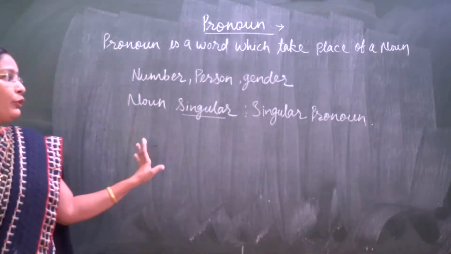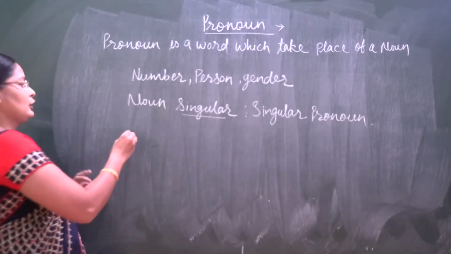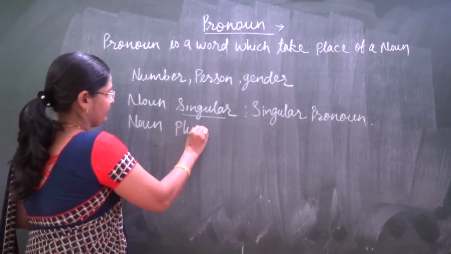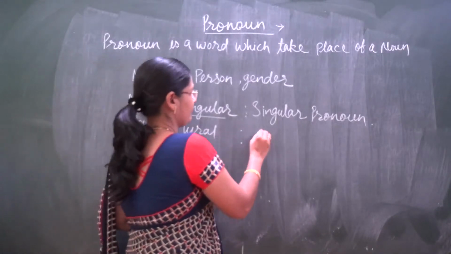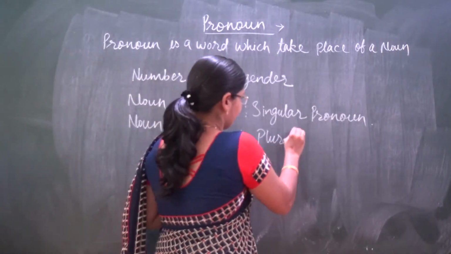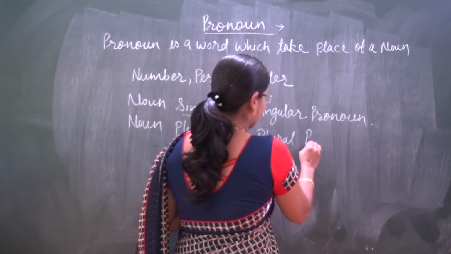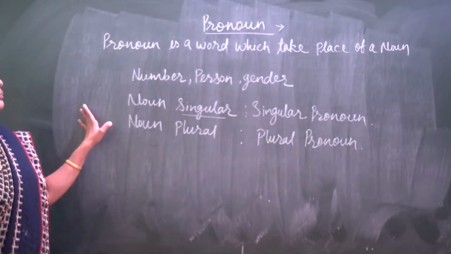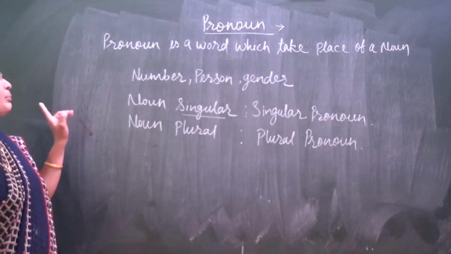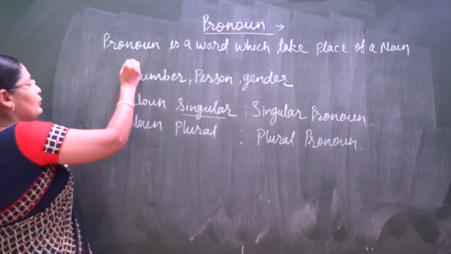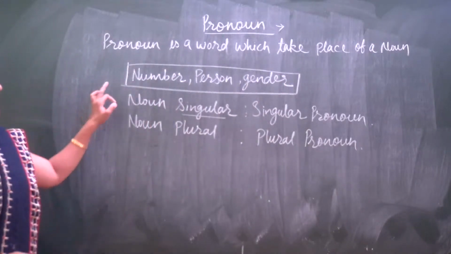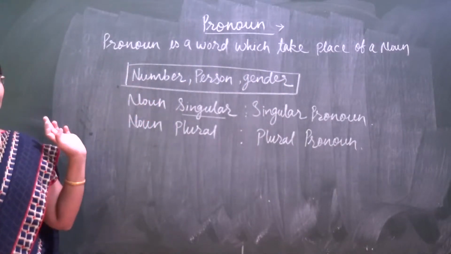If the noun is plural, you should use a plural pronoun. A pronoun must agree with the noun in number, person, and gender. What is number? That is singular and plural.